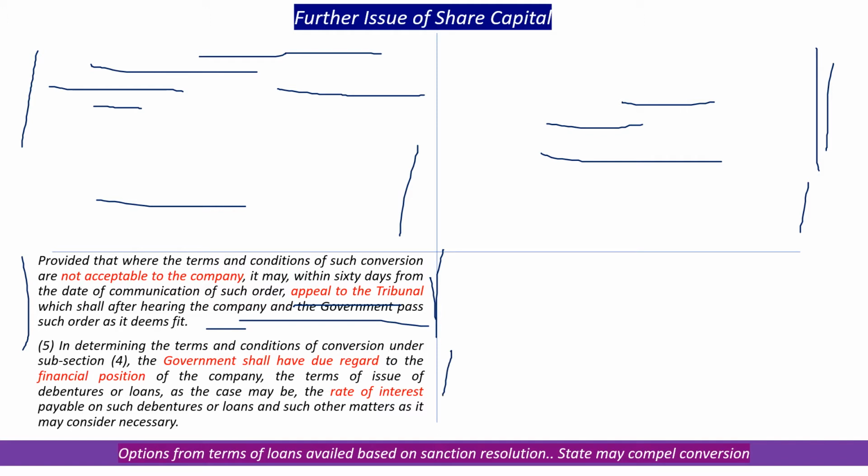And whenever the government converts existing loan or debentures into equity, it will take care of the financial position while deciding on the term of conversion, the rate of interest payable on the debentures or loan, and other terms as it considers necessary.